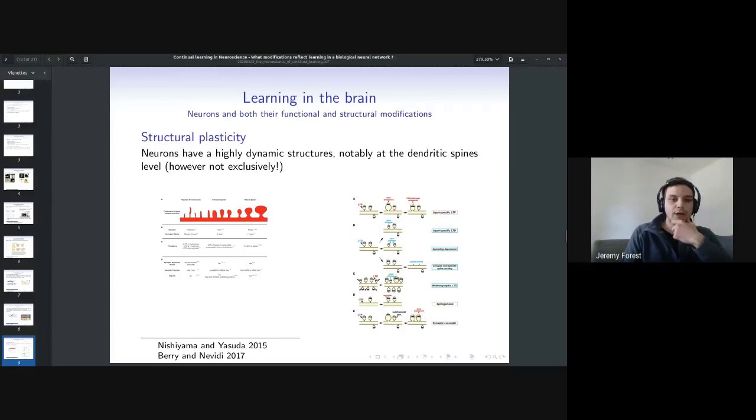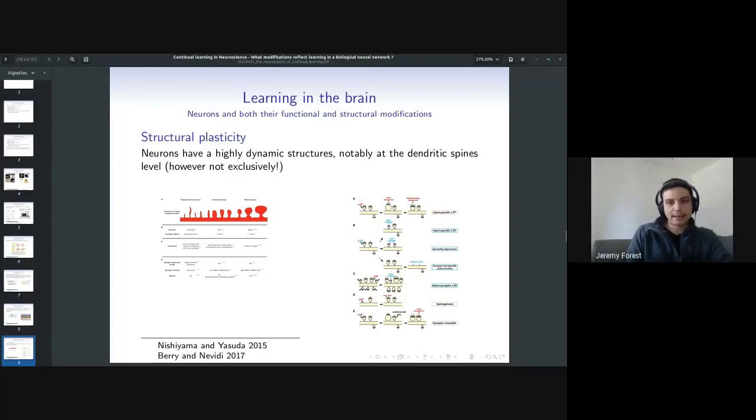The thin spines are usually less stable, and also less likely to be activated, meaning that even if they are there, they're not necessarily functional. On the other hand, the mushroom-like spines are the most resilient to change. They are the ones that have the most impactful synaptic strength, and they are almost always functional.